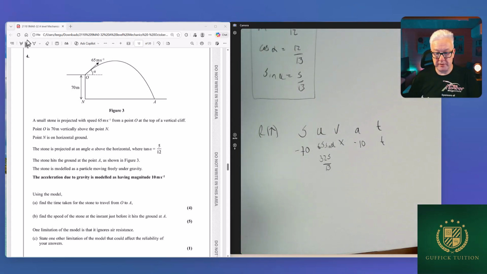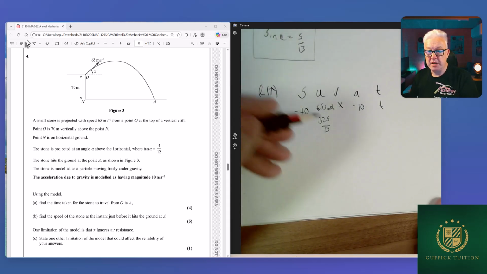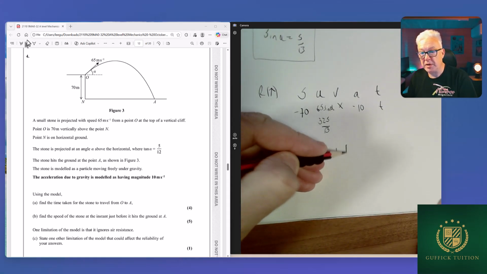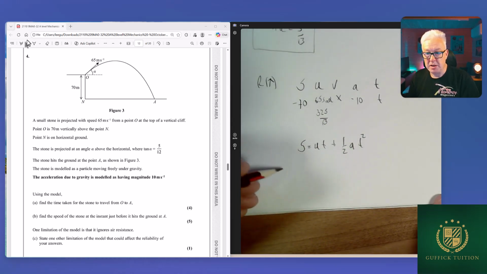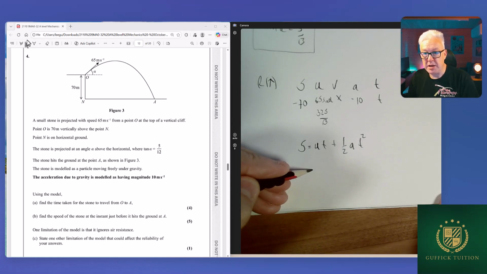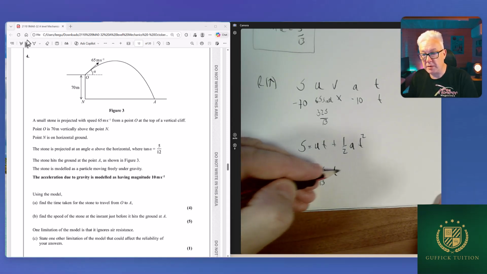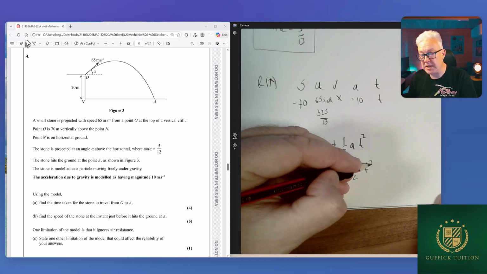We're given the SUVAT equations in the formula booklet, and the one that we need is S equals UT add half AT squared, because that's the SUVAT that does not involve V. So we can sub in our information: minus 70 is equal to 325/13 times t minus 10/2 times t squared.